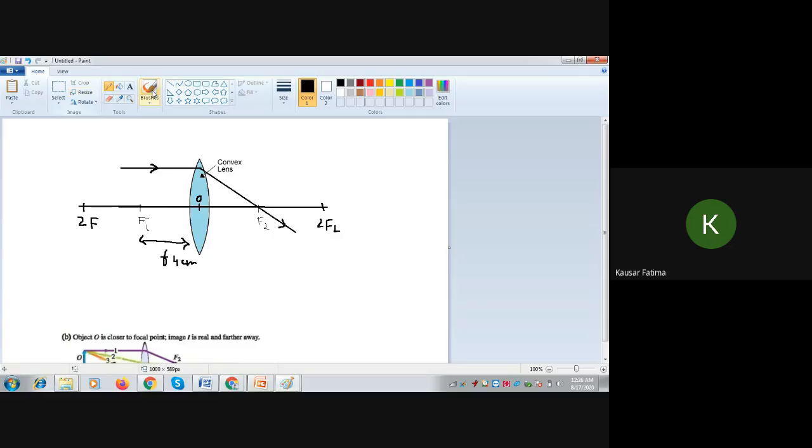Suppose we have placed an object which is beyond 2F. So this is your object placed here.